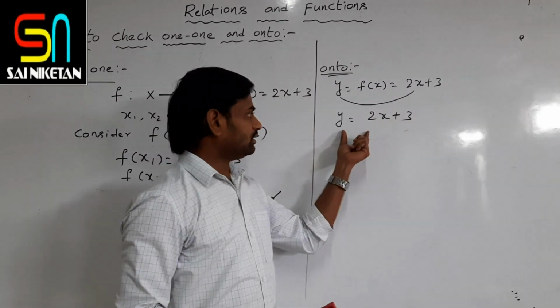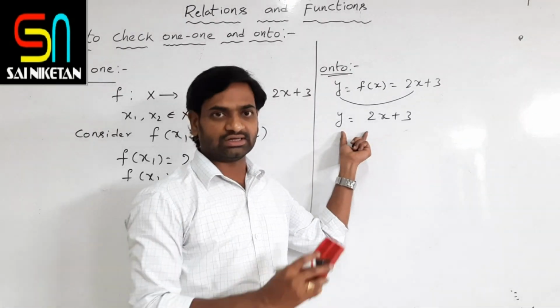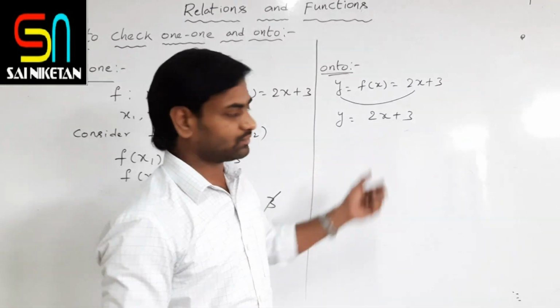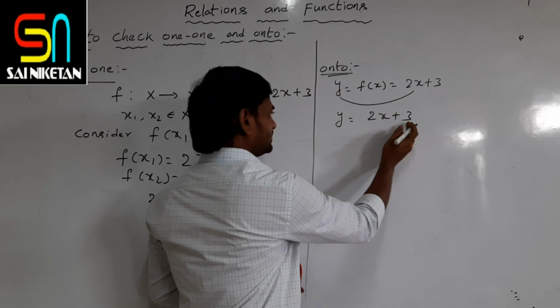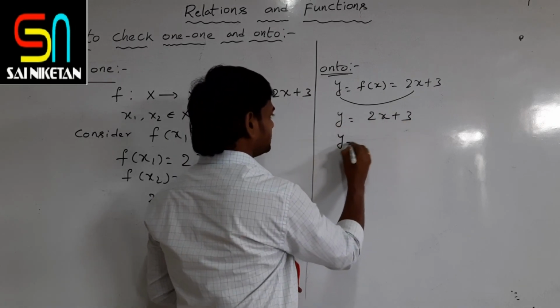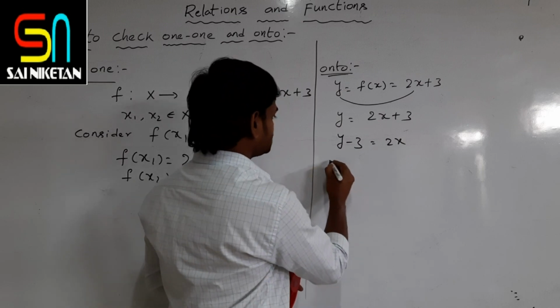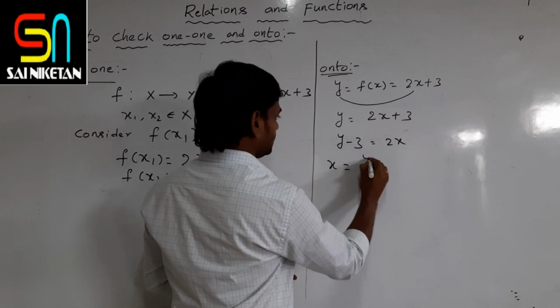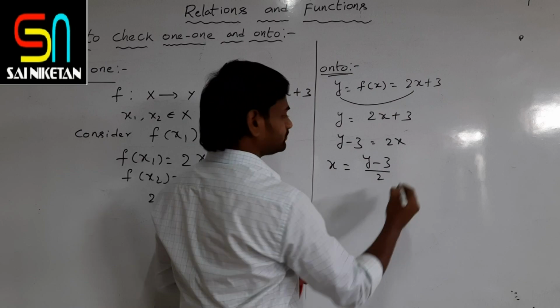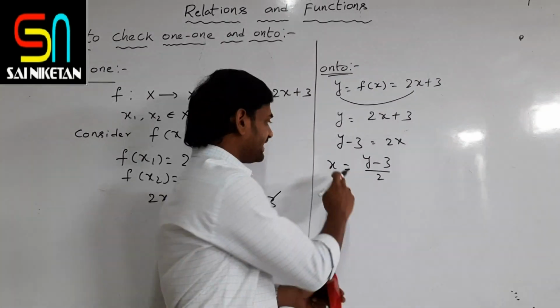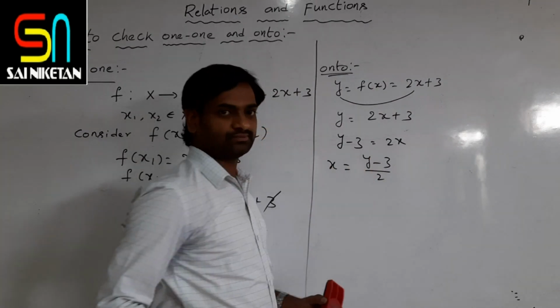From this one, find x value in terms of y. That means send this 3 to this side, that is y minus 3 is equal to 2x. Now the x value is x equal to y minus 3 by 2. So this is the x value in terms of y.